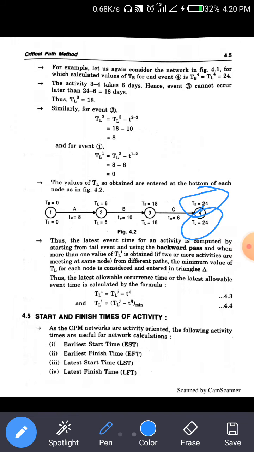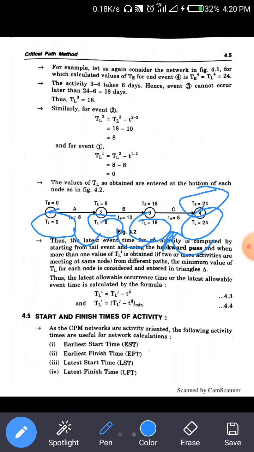Then 24 minus 6 we got the answer 18. So the TL value for event 3 is 18. Then 18 minus 10 we got the event value for 2 as 8, and 8 minus 8, so the event value of 1 is 0.